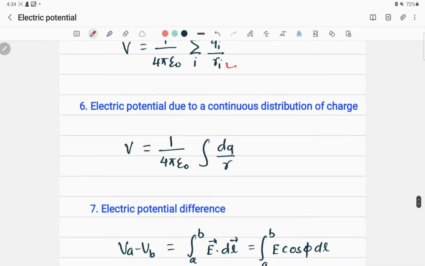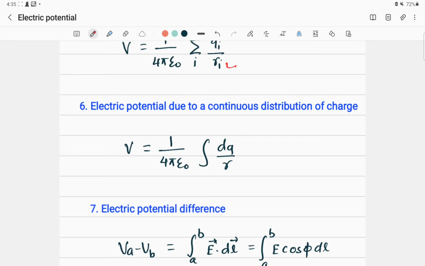The next is electric potential due to a continuous distribution of charges. If there is a continuous distribution of charges rather than point charges, we need integration.